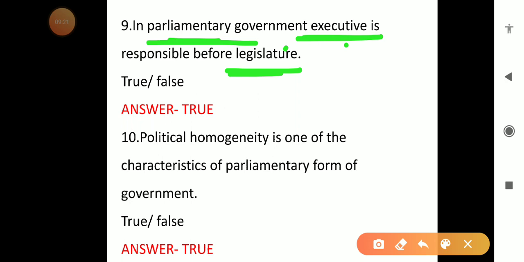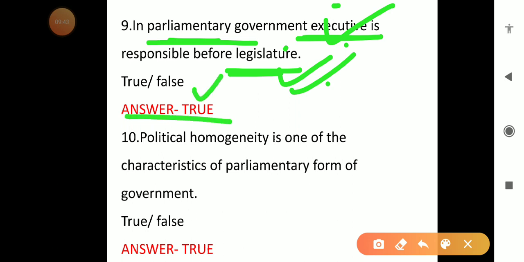But in parliamentary form of government, executive are chosen from legislature. So there is a close relationship. Legislature has control over executive also by asking certain questions, right? So they can change the executive also. So the statement is true. In parliamentary form of government, executive is responsible before the legislature, and through legislature indirectly to the people also.